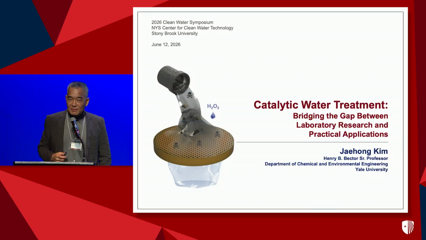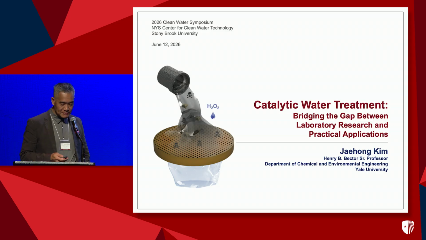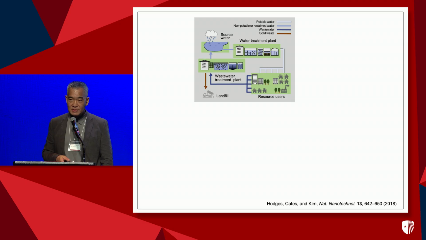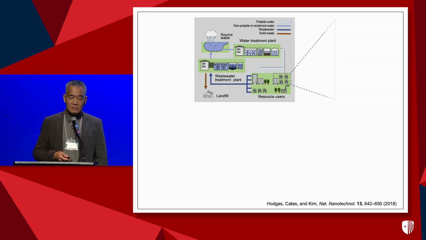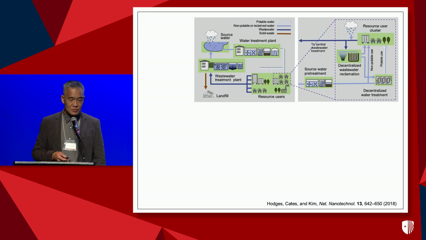Right, so I'm going to talk a little bit about catalytic water treatment. You might have heard that a lot of researchers and industry practitioners are talking about a paradigm shift from centralized water treatment systems, which is a sort of Victorian approach, to a more distributed approach, where you have distributed water reclamation systems and water treatment plants near the resource user clusters.